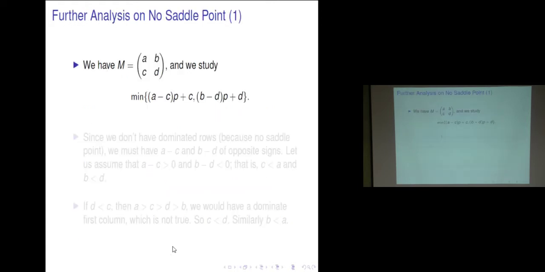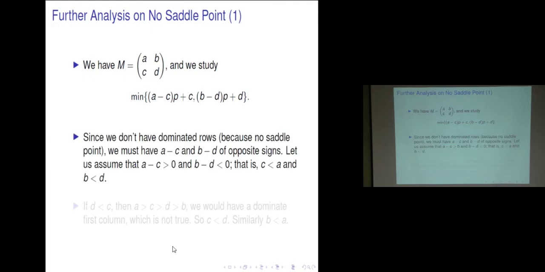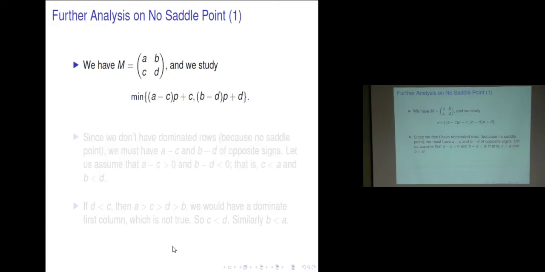Okay, let me remind you where we are. We have this matrix, and we study the minimum of the two numbers. Here I have to use the assumption that we don't have dominant rows. I'm going to draw the two lines as we have seen.